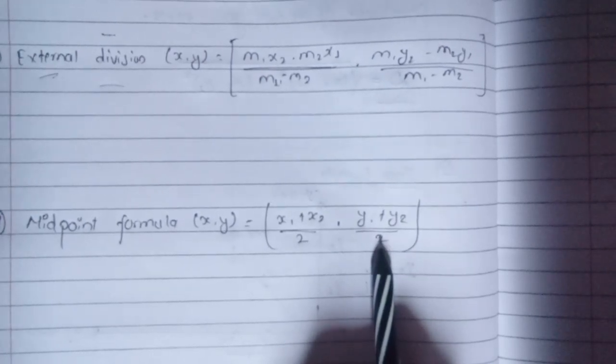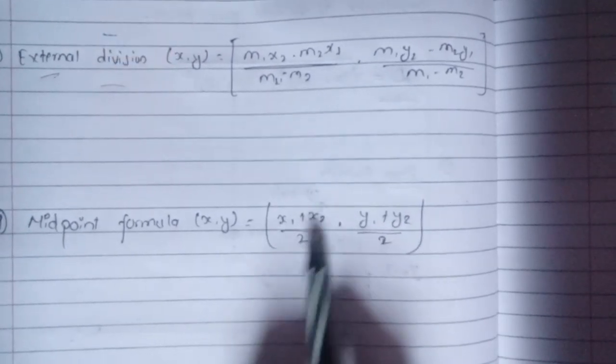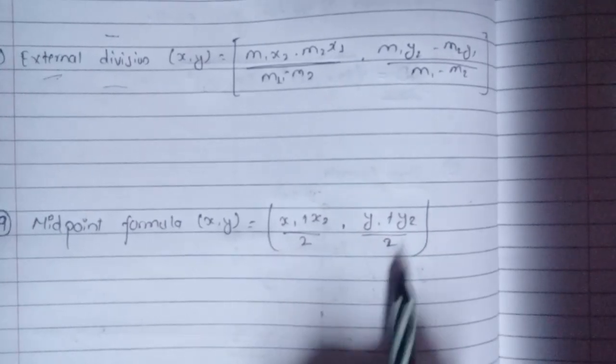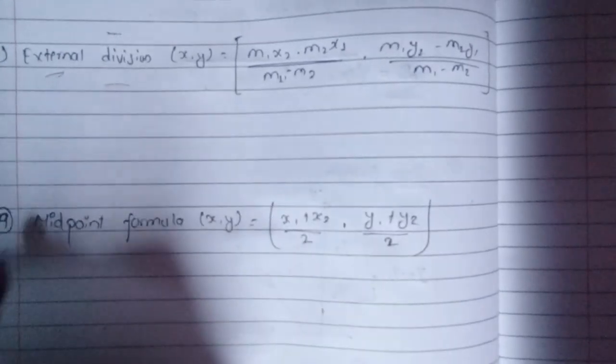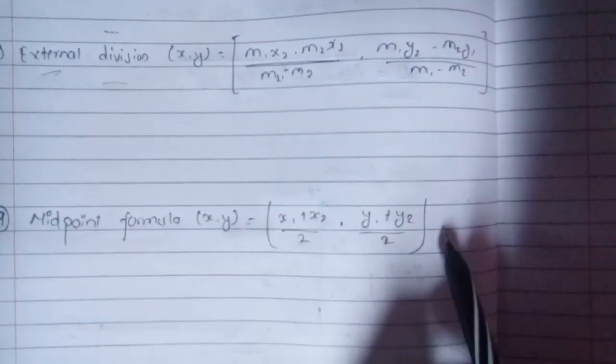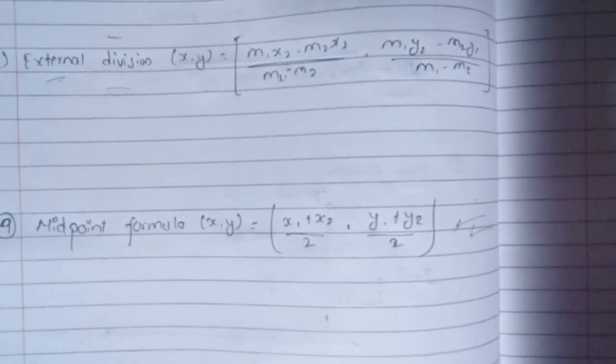We divide x1 plus x2 by 2, and similarly y1 plus y2 by 2. This is the midpoint formula, and you should also learn it. This is important for your 2 marks or 4 marks questions.